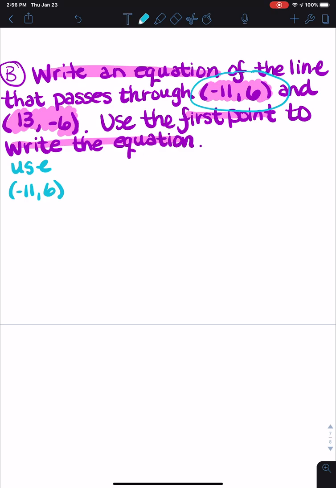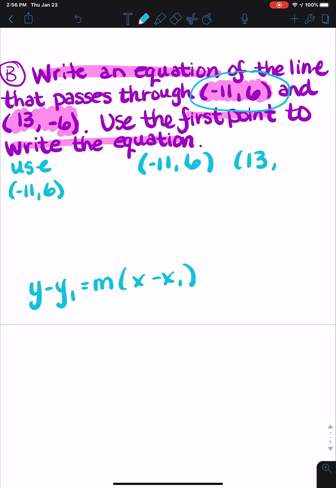Now, because that point is not point slope, I know at some point I'm going to have to plug it into this. So point-wise, I'm okay, but I don't have slope. So I'm going to just move these two points down so it's a little easier for you to see what I'm doing.